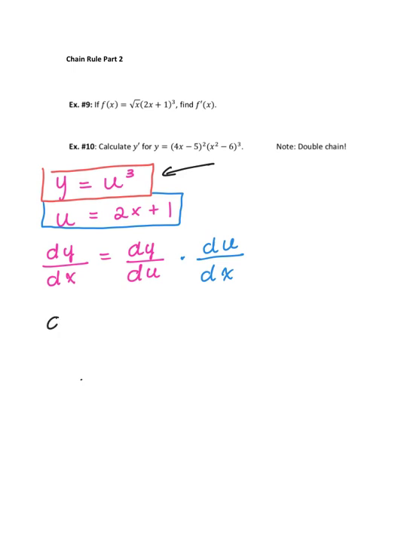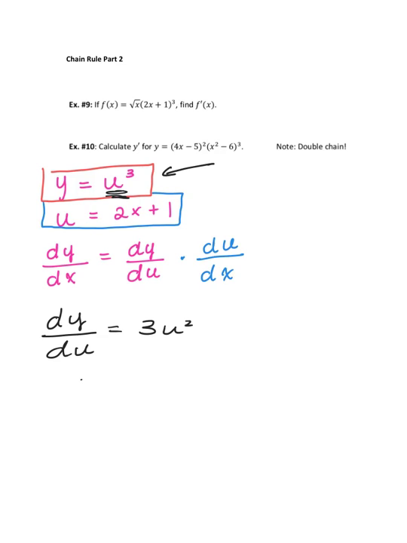So the derivative of y with respect to u, remember that with respect part is whatever is on the other side, so if it's in u's, it would be with respect to u, or if it's in x's, it would be with respect to x. So that is 3u squared. Right? Now that's the dy over du times du over dx.